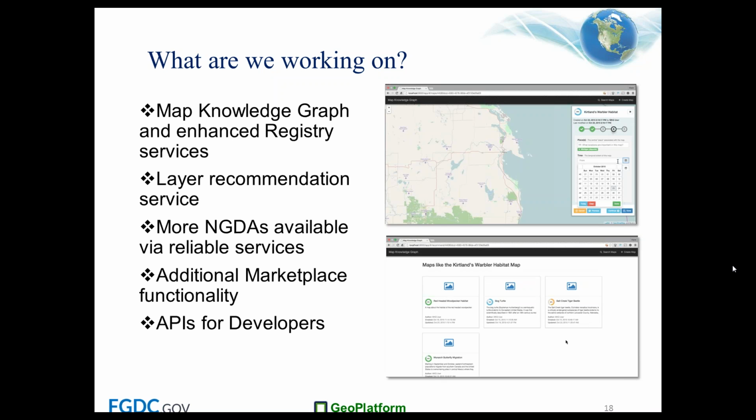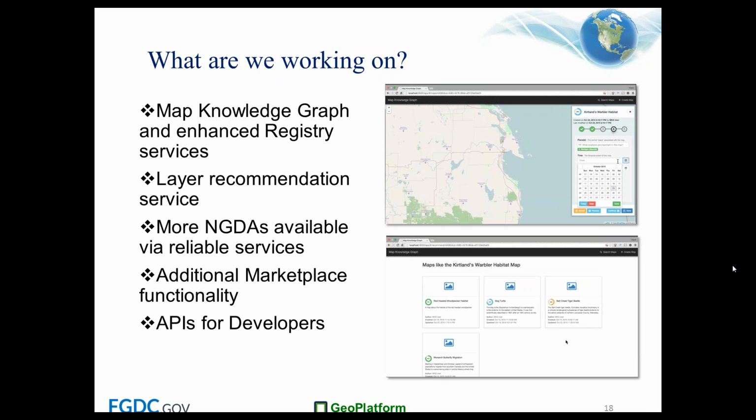One of the things that we'd like to work on first and foremost, because we think it has the most benefit that we can achieve quickly, is the concept of a layer recommendation service. So we all know that when you search data.gov or any other large catalog that is just a text-based driven search, you get more results than you can handle. And then it requires additional manual exploration to really find what you're looking for.